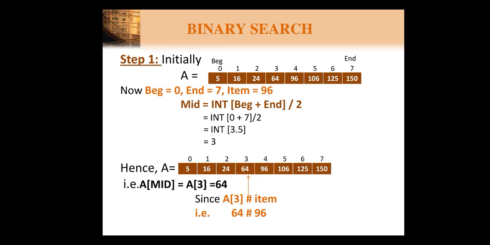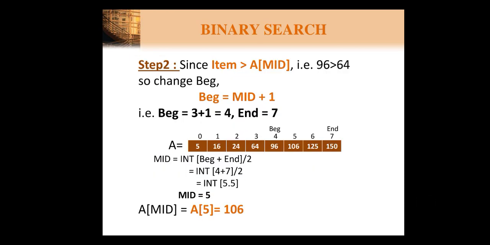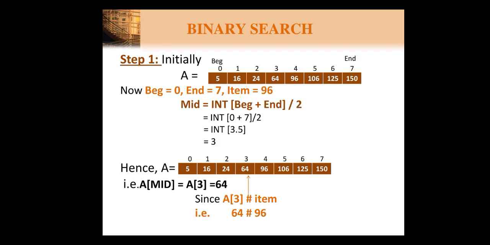If the atom is greater than the mid value, the element is present in the upper portion. After calculating mid, this is the lower portion and this is the upper portion.